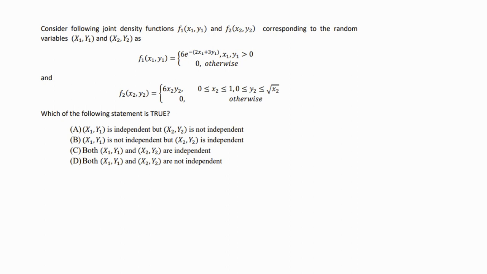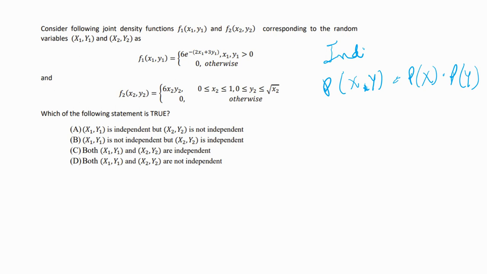You are given a joint density function, and it is asking whether x1 and y1 are independent or not. In random variables, we have seen that if two variables are independent, then the probability of xy is equal to the probability of x into the probability of y.